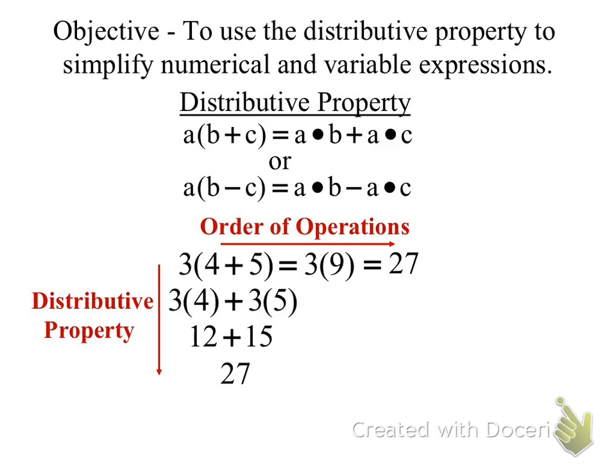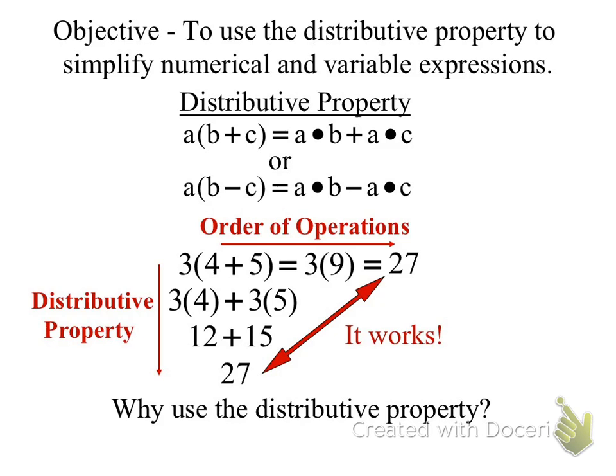Generally, we use the distributive property when there are variables involved. We use order of operations when there are numbers. But tonight, I want you using the distributive property because we're practicing that. Both ways will work.